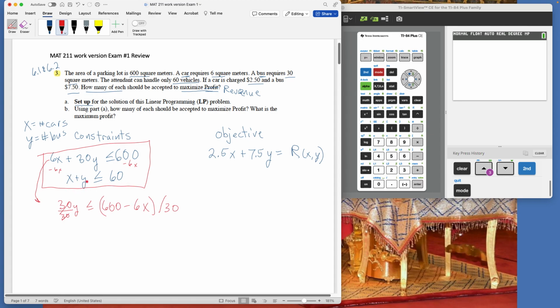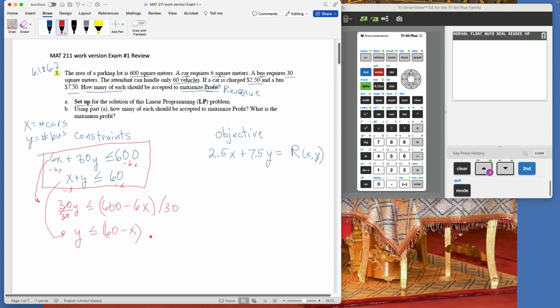For the second one, we need y equals basically. So we subtract x from both sides, and we're going to get that y is less than 60 minus x. Now I'm also going to put parentheses. We could divide by 1, right?